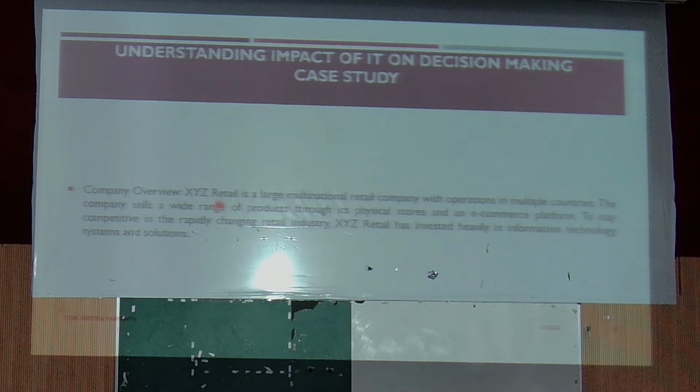The company sells a wide range of products through its physical stores and an e-commerce platform. So there is an e-commerce platform, and physical stores too. To stay competitive in the rapidly changing retail industry, XYZ Retail has invested heavily in information technology systems and solutions.